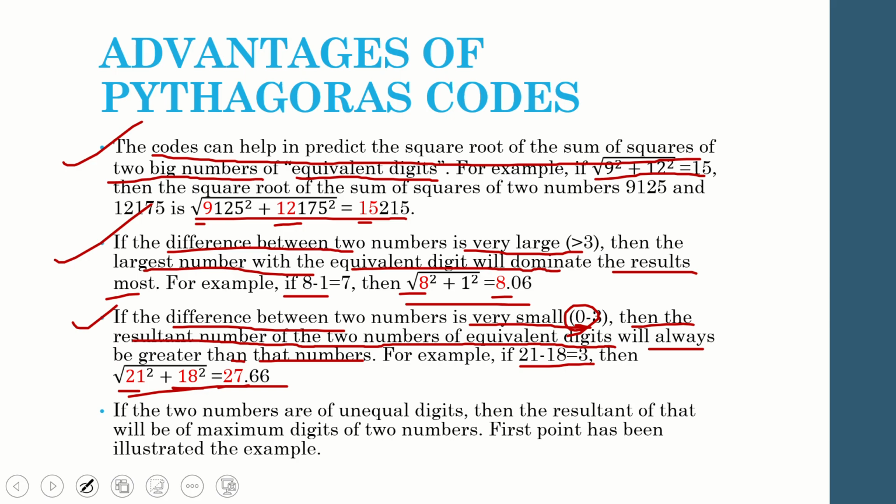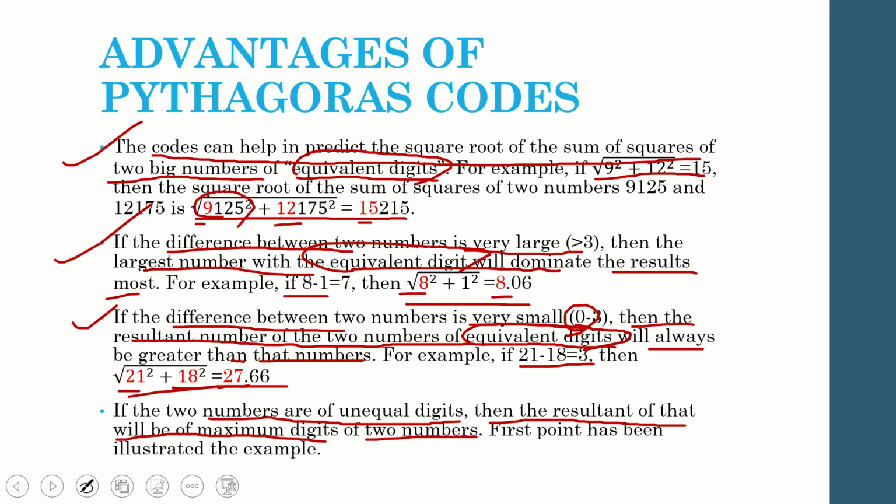In every point we are mentioning this equivalent digit, so you can see how important the equivalent digit is for you. If the two numbers are of unequal digits, then the resultant will be of the maximum digit of the two numbers.